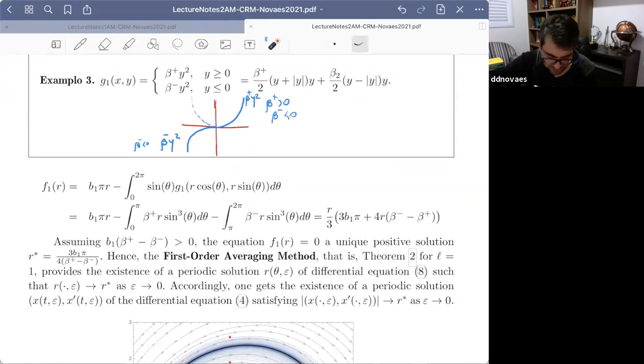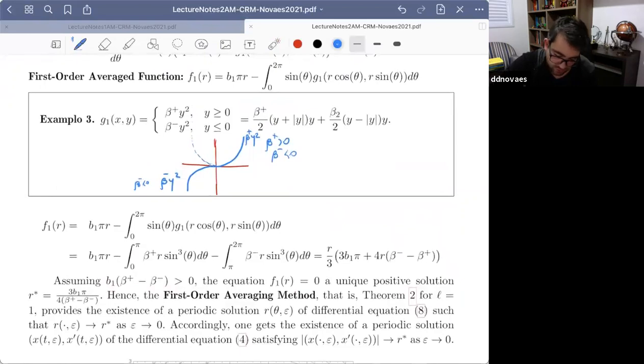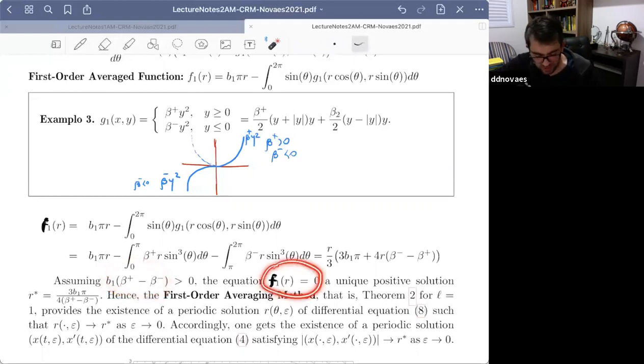So, assuming that this value is positive, then the equation F1 (this should be in boldface, it's not another function, it's the first order average function). Assuming that this constant is positive, this equation F1 of R equals 0 has a unique positive solution given by this value.